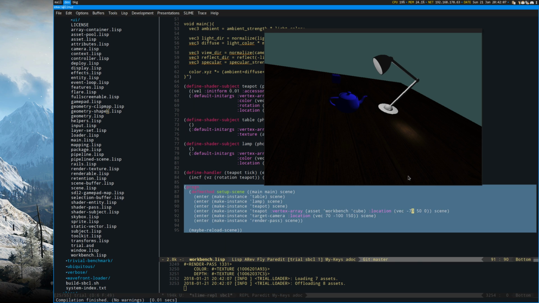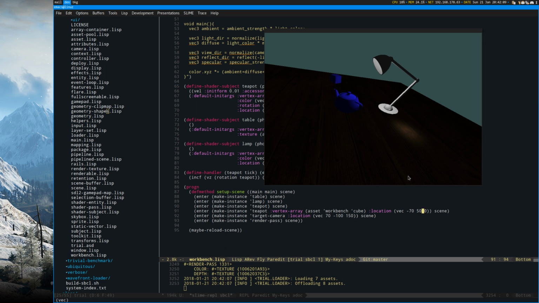Okay. That seems to work right, though. I don't understand why the table isn't working as expected. Weird.